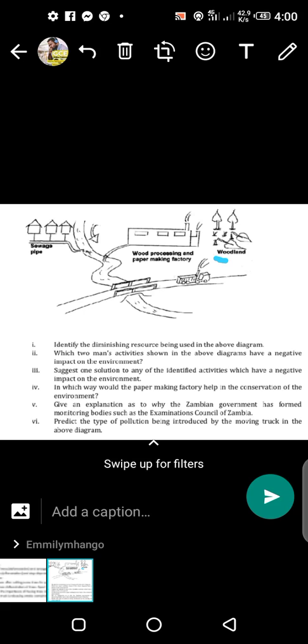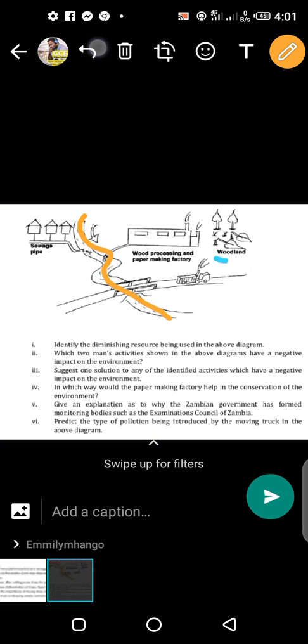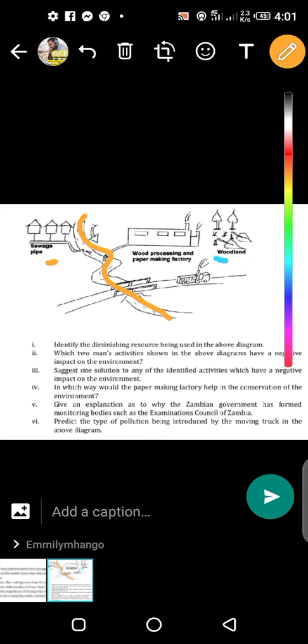The next question is, which two activities shown in the above diagrams have a negative impact on the environment? What two activities do you see that have a negative impact on the environment? Guys, can you see this is a river here, passing like this? And then this is the sewage pipe that is removing sewage water coming into the river.